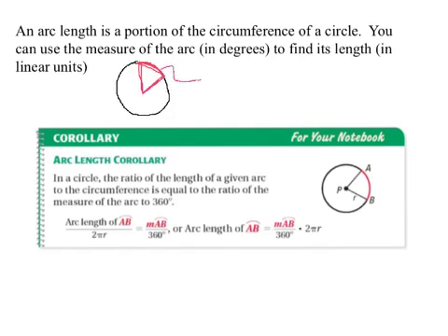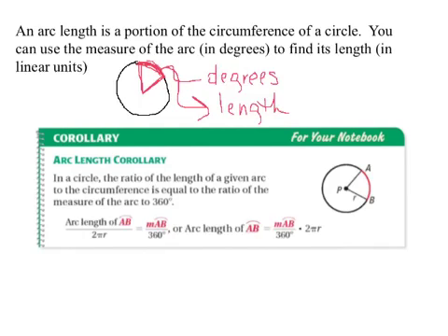An arc can be given in degrees. That's the measure of the arc, or in a length, a linear unit length. Like if I measured this with a string, it would be in length.